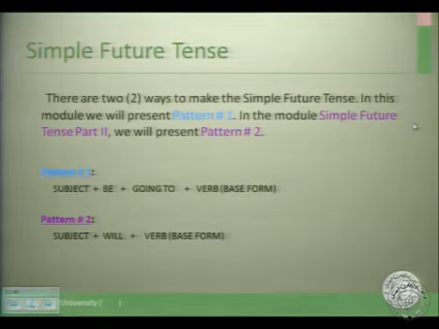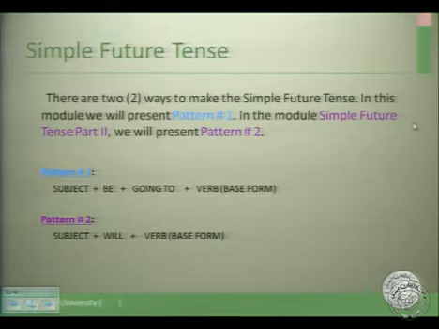And for people who ask which pattern to use in our daily language, in writing or speaking, I would say both. Try to vary using both patterns, either going to or will. But some people try to avoid using going to because they mix it up with the ing progressive, so they like to use will.